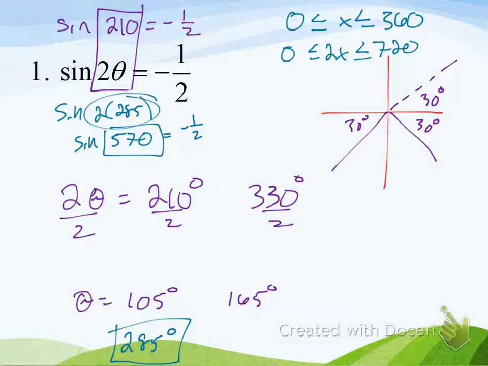Now, I keep saying wrap around because if you're here at 210 and we go all the way around the circle and come back, we're going to land with the terminal side in the exact same spot, and our sine value will still be negative 1/2. And when you go all the way around the circle, you're actually adding 360. So what I need to do is take 210 and add 360 to it and get 570 degrees. Which again, for 2 theta is fine. We just don't want to be more than 720. Same thing for 330.